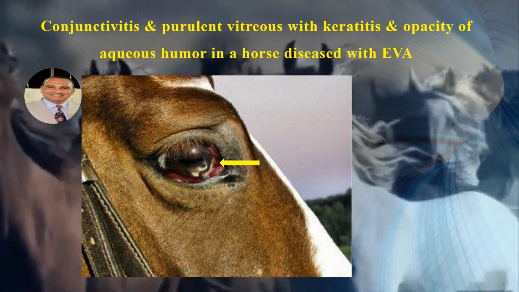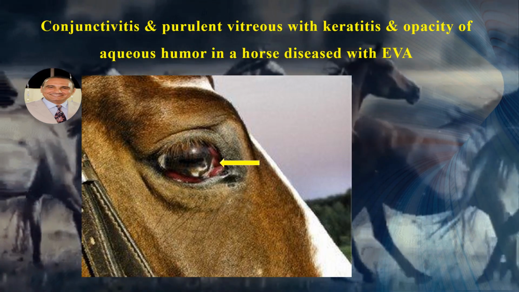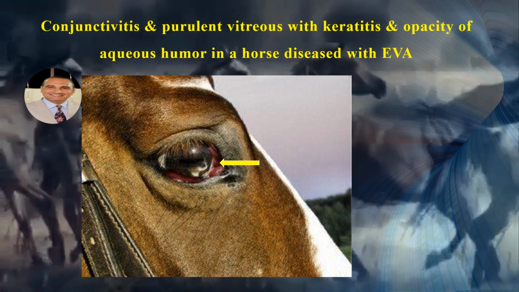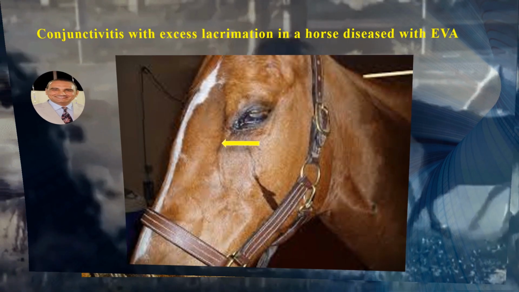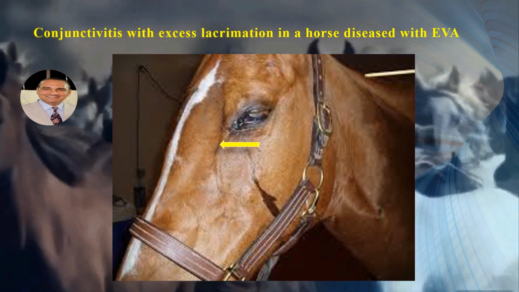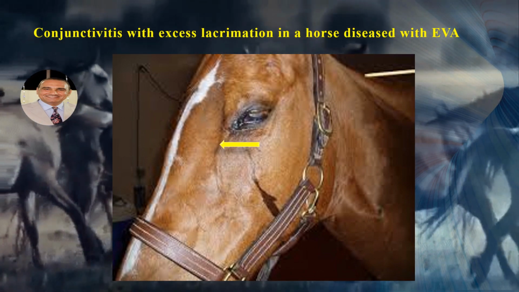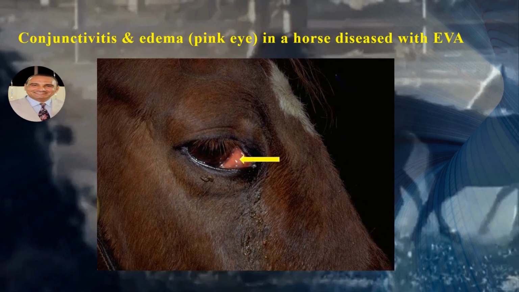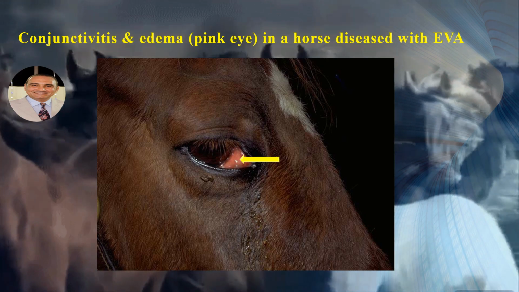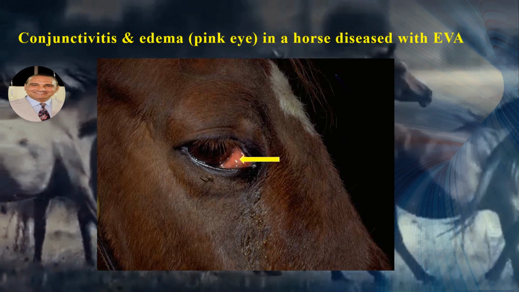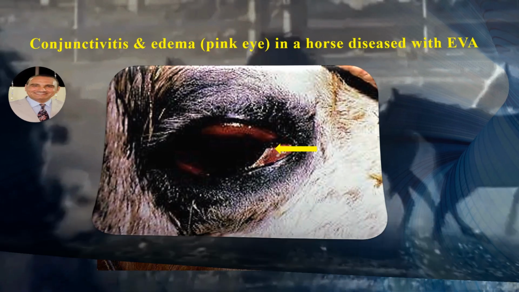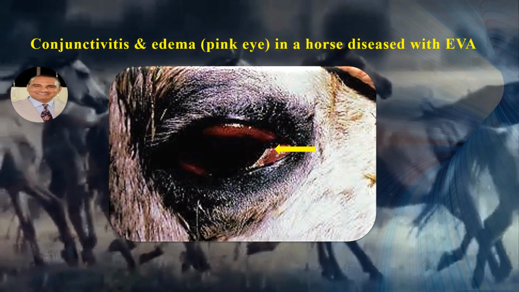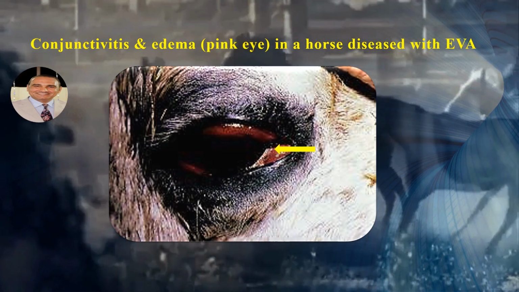Conjunctivitis and purulent vitreous with keratitis and opacity of the aqueous humor. Conjunctivitis with excess lacrimation. Conjunctivitis and edema, pink eye, in horses diseased with equine viral arteritis.